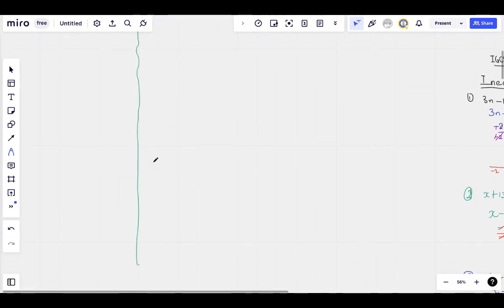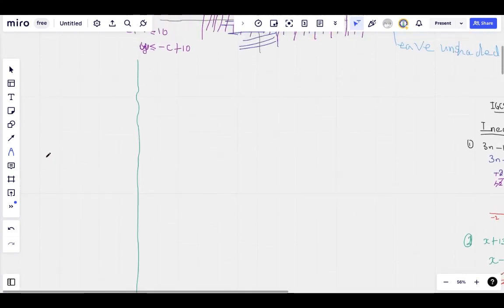Okay, sometimes my lines are not very straight. And then we have here's 0. Here I have 2.